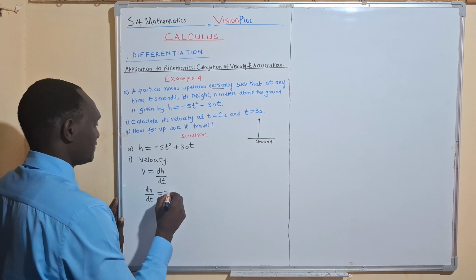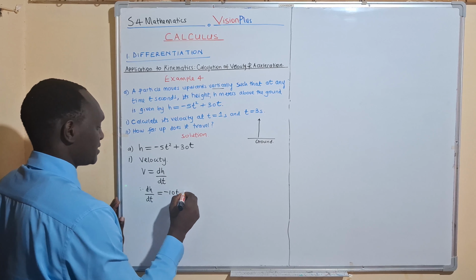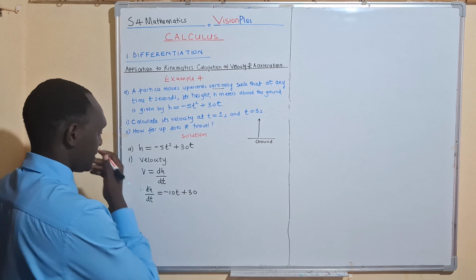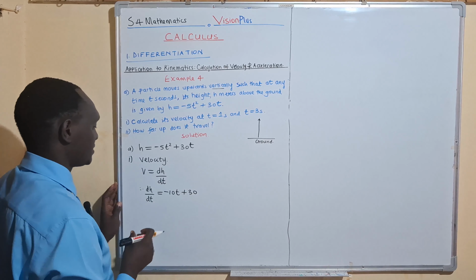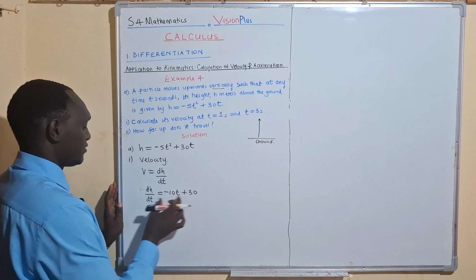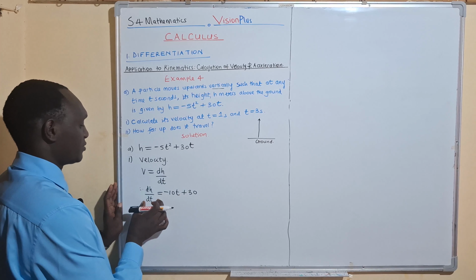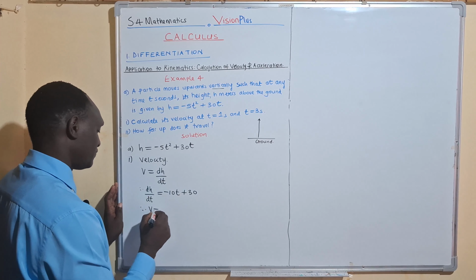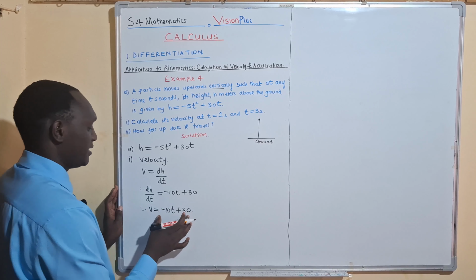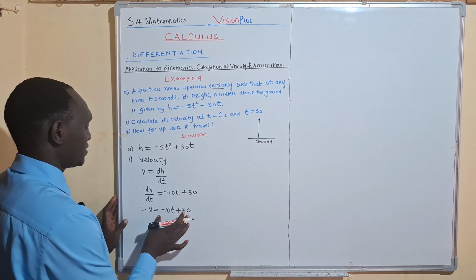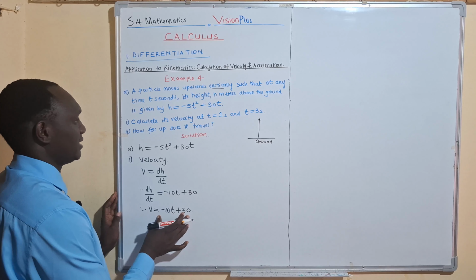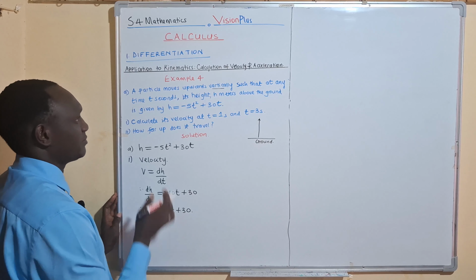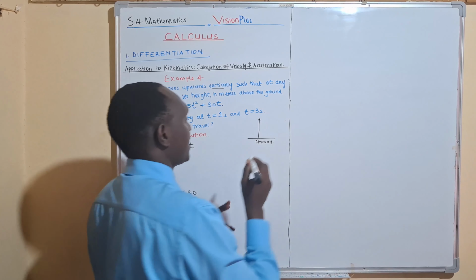That gives us negative 10t plus 30. This is the rate of change of height with respect to time. Therefore, it is the same expression for velocity, negative 10t plus 30. This is the expression for velocity at any time t.